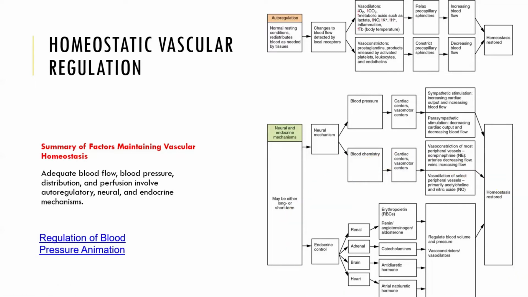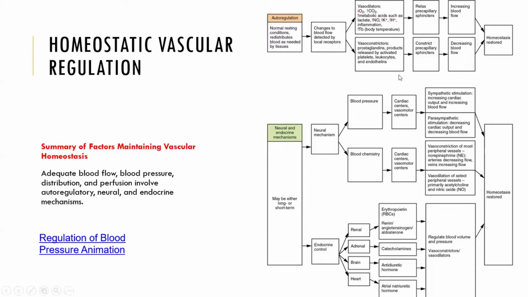What's key here is epinephrine and norepinephrine. These are secreted by the medulla of our adrenal gland, and they increase our heart rate, as we learned in A&P1, which in turn increases our cardiac output. So there's a direct correlation there. The increases in cardiac output cause the increased blood pressure.